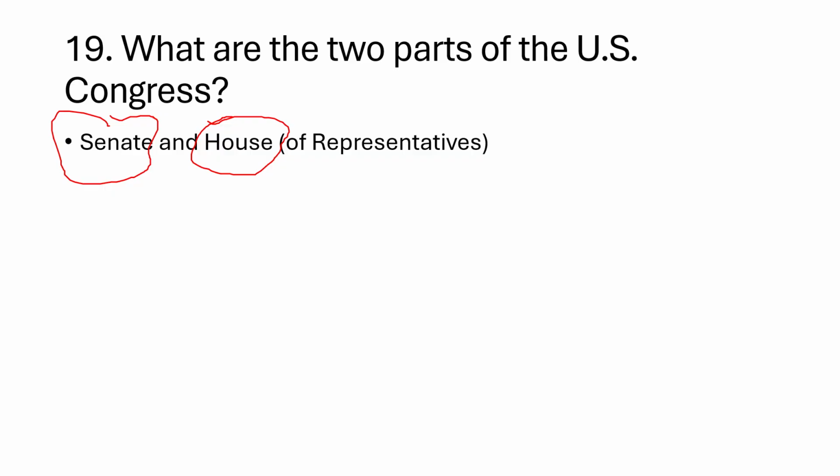Now remember, things in parentheses are optional. So you can say the full name, the House of Representatives, but it's fine to just say the Senate and the House. Now do not confuse the Senate and the House with the two main political parties, Republicans and Democrats. That is a different thing. The two parts of Congress are the Senate and the House.